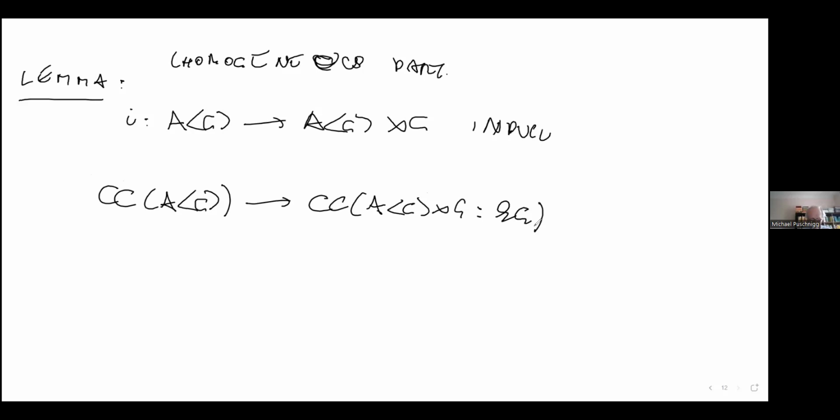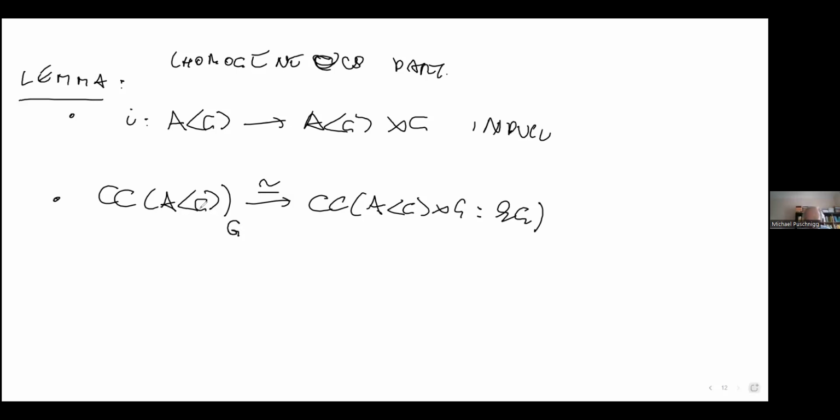And now this is not an isomorphism, but it factors through the G co-invariance, and this is an isomorphism.